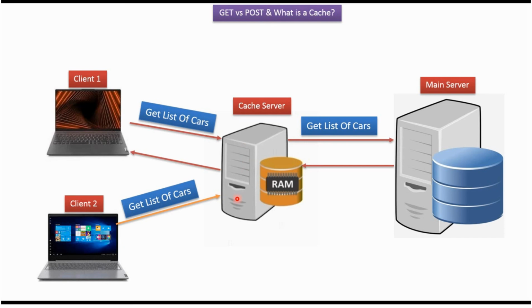Instead it will get the list of cars from the cache server and send it back to client 2. Like that, hundreds of clients asking get list of cars, the cache server will send it back to the different clients. It won't send the request to the main server, and this way the load on the main server will be less.